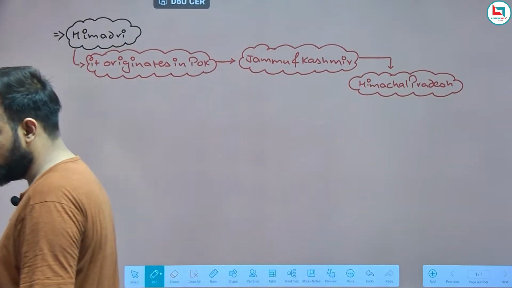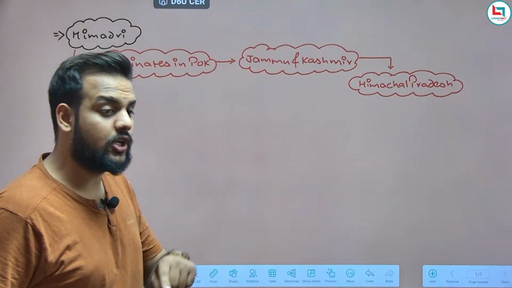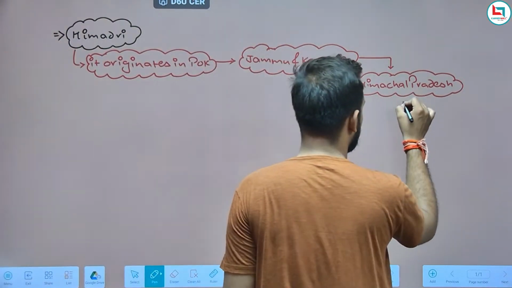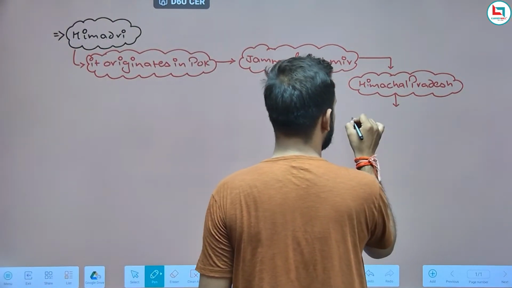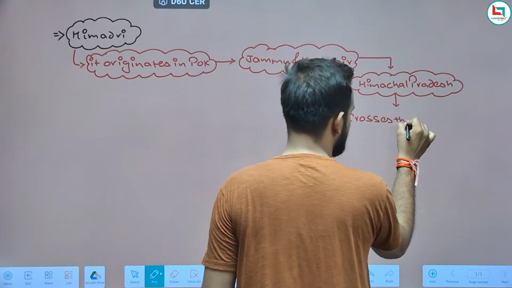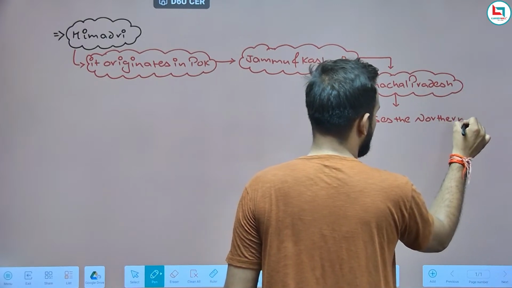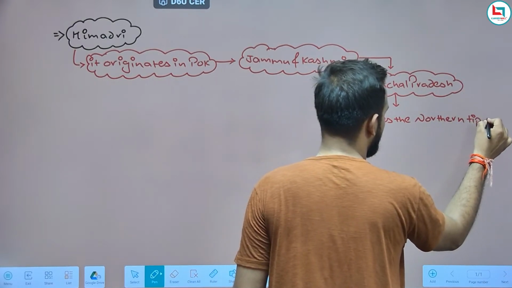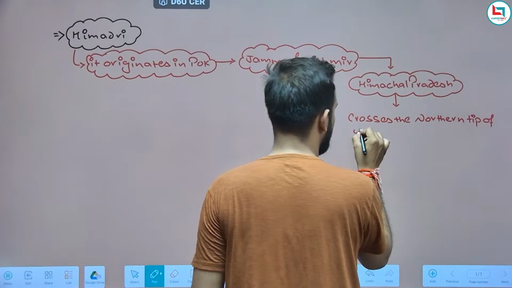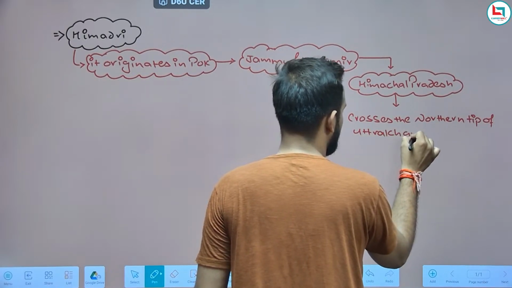After crossing Himachal Pradesh, Himadri also crosses the northern tip of Uttarakhand.